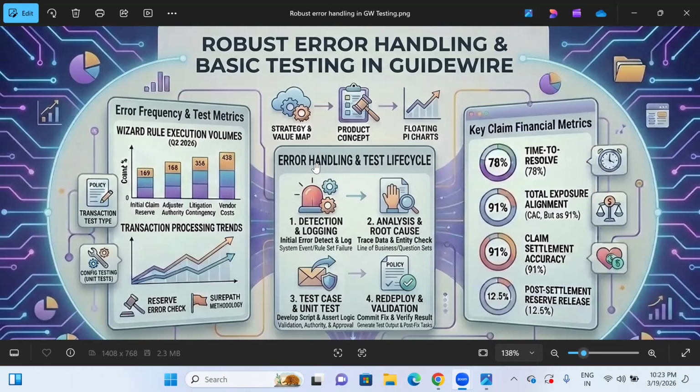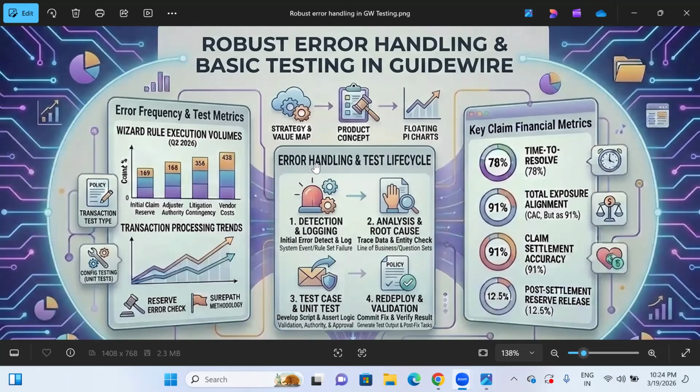Finally, we need to redeploy and validate these files so that whenever we are managing the test life cycle, both manual and automation process is concerned, when there are any errors that we have identified, everything can be handled effectively. So this must include the strategy and as well as value mapping, which is more important. At the same time, whatever the product concept that we have, including any floating PI charts we have, etc., everything will be taken in this regard.